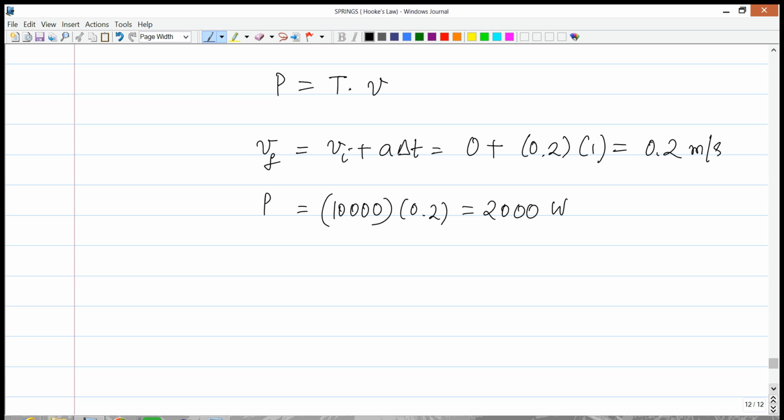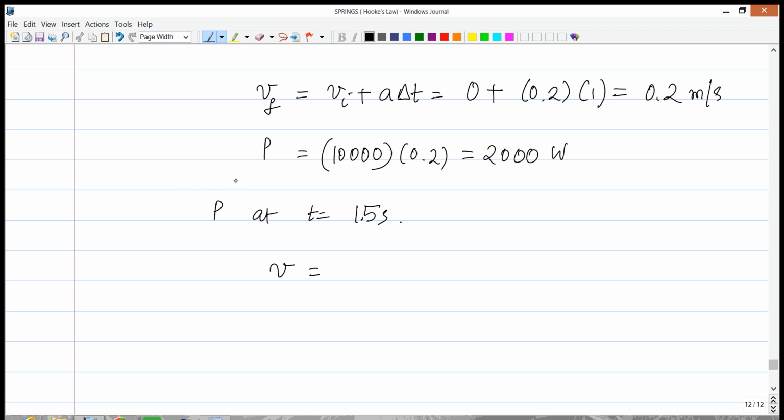So that's easy. But let's also do it at t equal to 1.5 seconds. You'll see that the number actually changes. The velocity at 1.5 seconds is going to be 0 plus 0.2 times 1.5, which happens to be 0.3 meters per second.